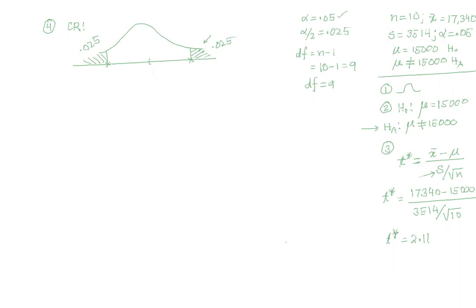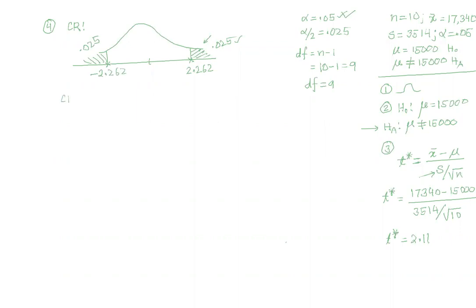If you look in the table that shows column area in one tail 0.025 and area in two tails 0.05, and you go down until you see row labeled 9, degrees of freedom, the first column, 9, you see that is 2.262, and this is going to be negative 2.262.